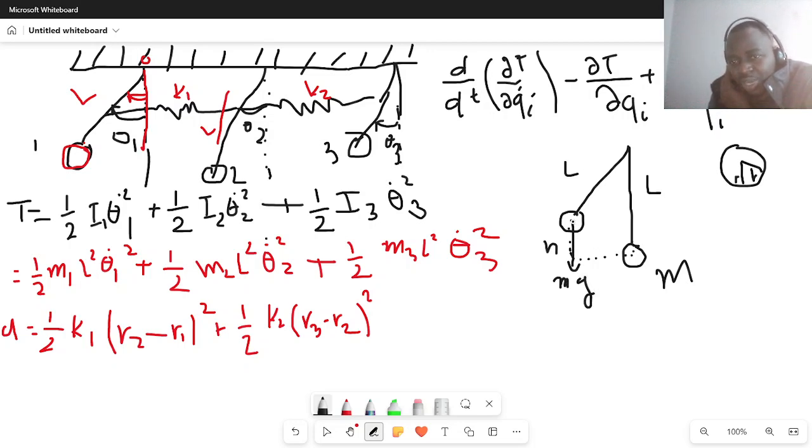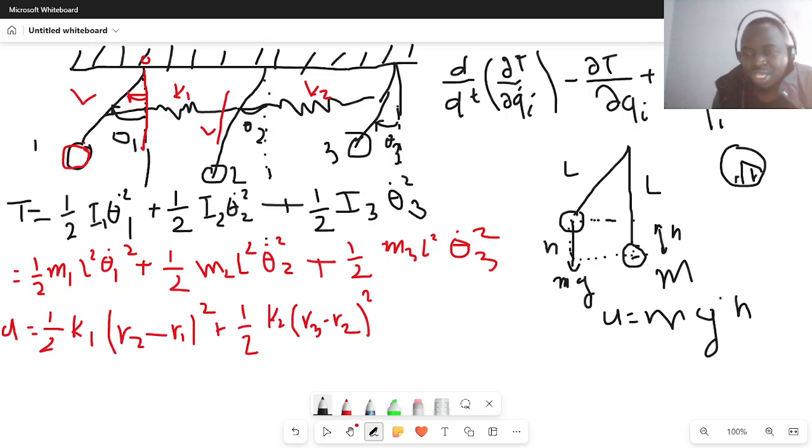We have this difference in height, which we call h. Because there is a difference in height, we have the potential energy of this object mass. How do we write it? The potential energy of this object is simply mgh.